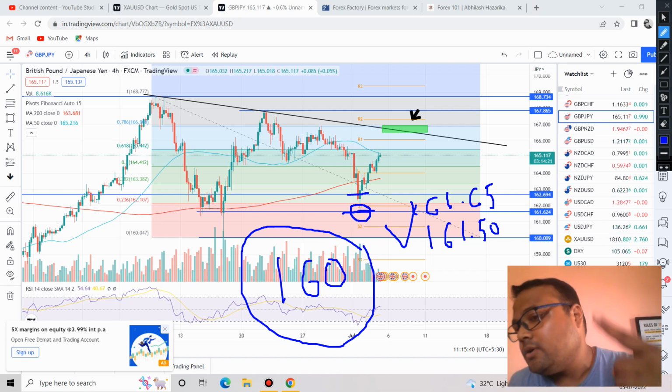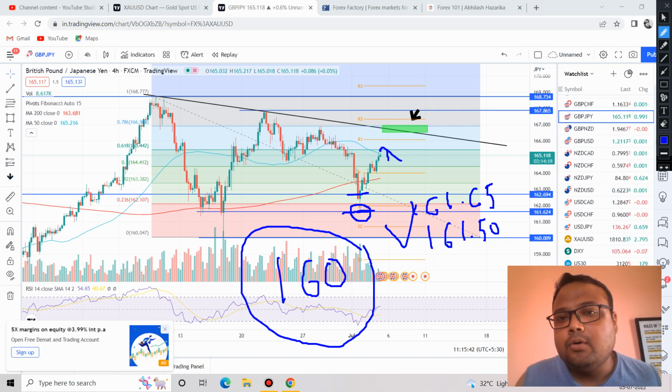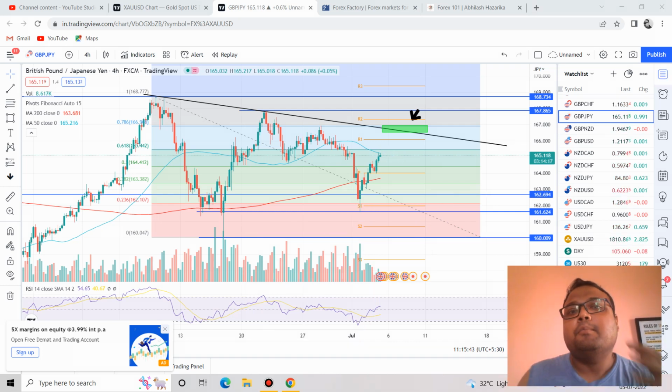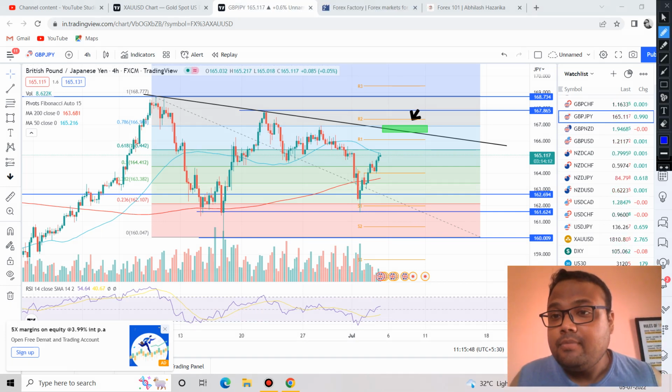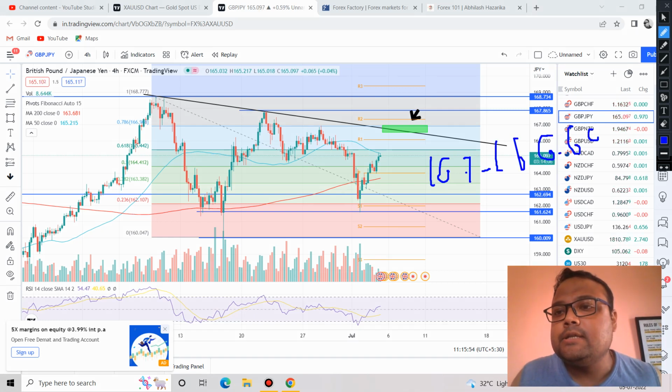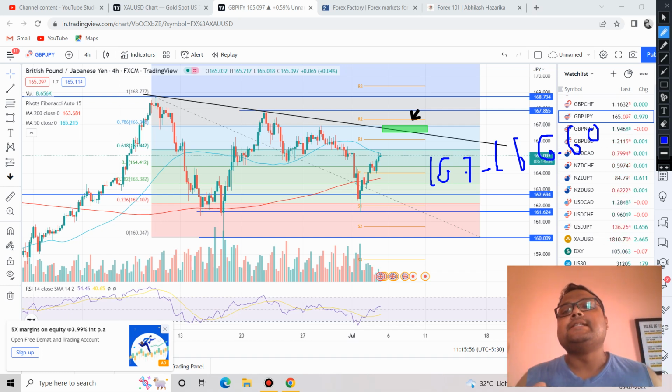But in case the market goes up from here, then the first important level will be 167 to 166.60. This is the first resistance that the market will be facing. Why is this resistance important?